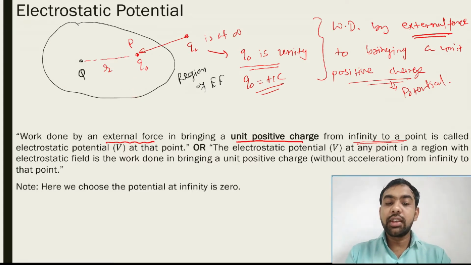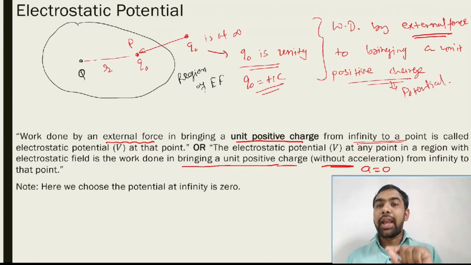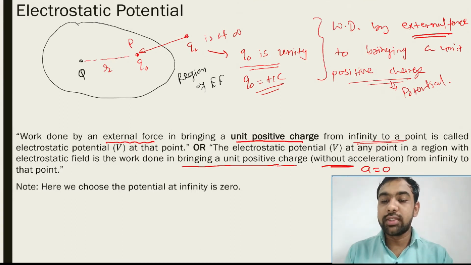charge without acceleration. As we know, the kinetic energy change is 0. It means the external force and electric force are the same in magnitude: F external is equal to minus F electrical.